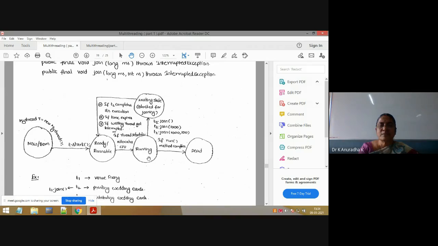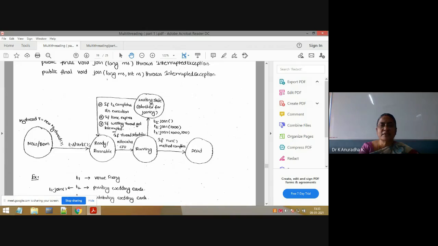Whenever the child thread completes its execution, at that time the main thread will enter the ready state. Now in the queue only the main thread is there, because the child thread completed its execution. The main thread is coming from the waiting state to the ready state, so in the queue we have only one thread, the main thread.